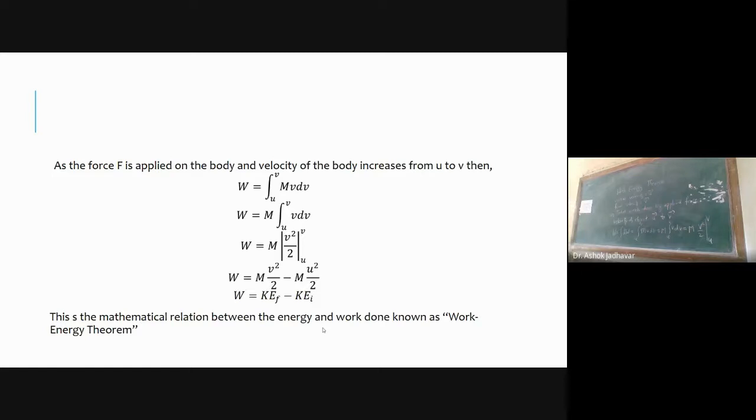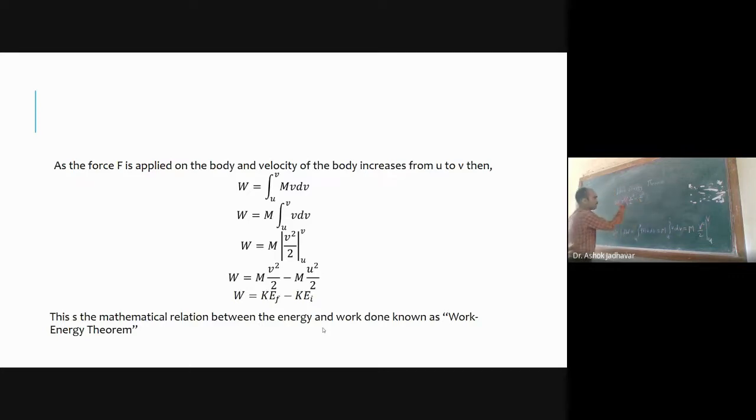Did you get it? Yes, sir. Okay, good. Now I'm going to substitute upper limit and lower limit. Then I will get W is equals to m as it is, and our upper limit is v, so it will be v square by 2 minus lower limit u, so u square by 2.